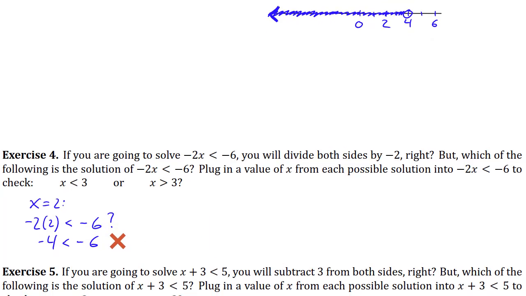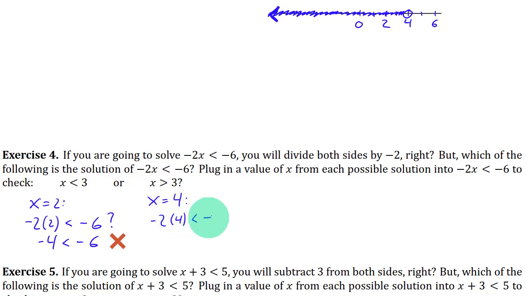And let's try a number greater than 3. Like, let's try x equals 4. Then we're going to do -2 times 4.